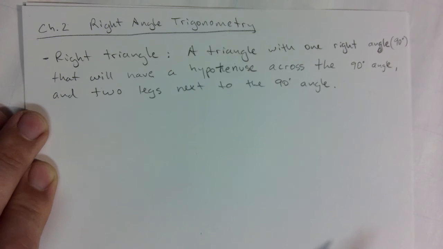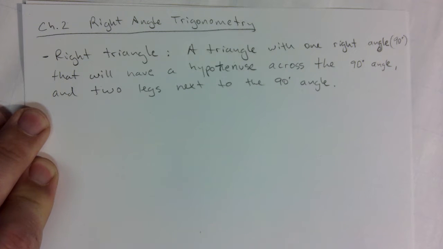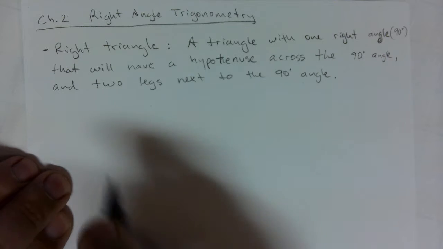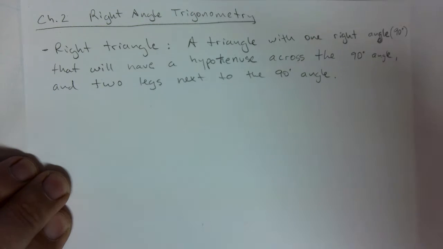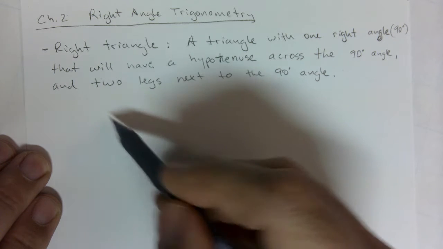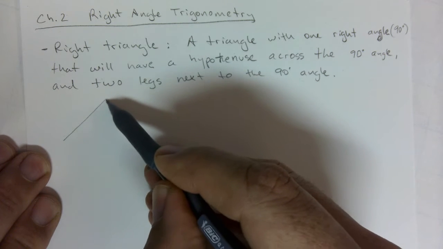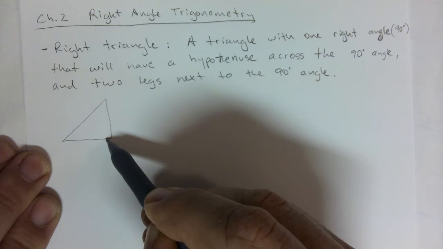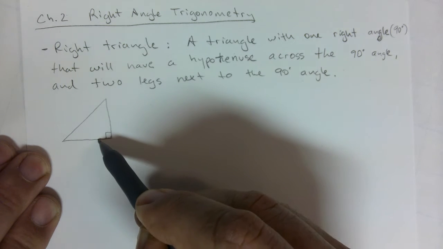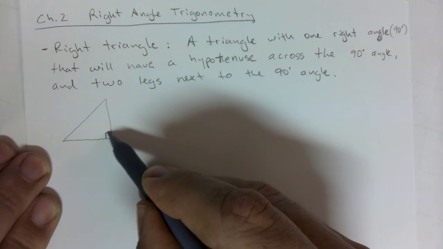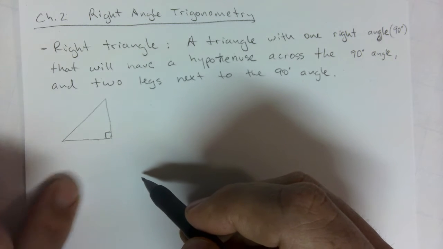Okay, so just to give you an idea, maybe I'll turn this light off here. It's probably blinding some of you. So when we have a right triangle, it doesn't matter which way it's facing. You have a 90-degree angle. These two lines are perpendicular to each other, and a 90-degree angle is denoted by a box like this.